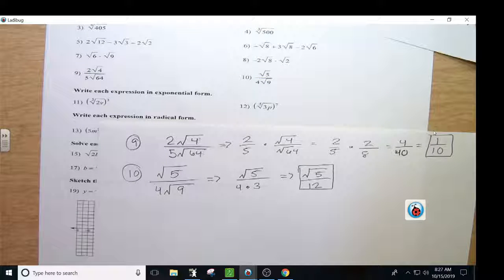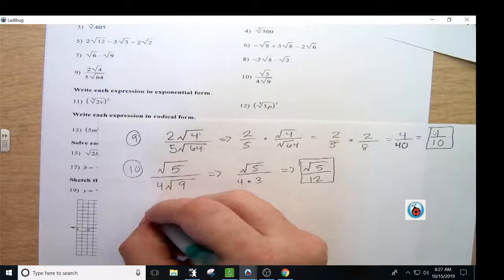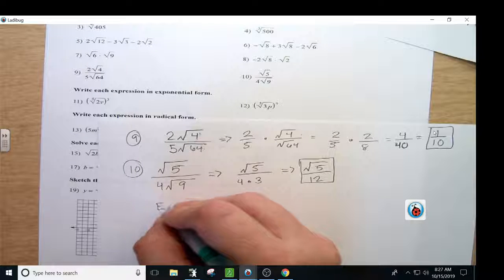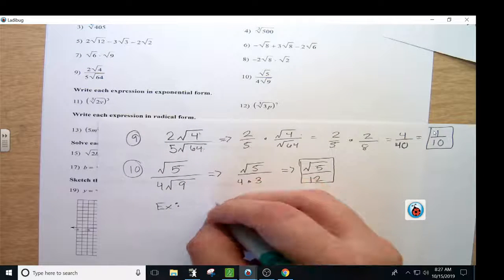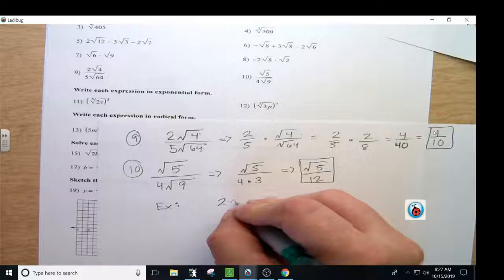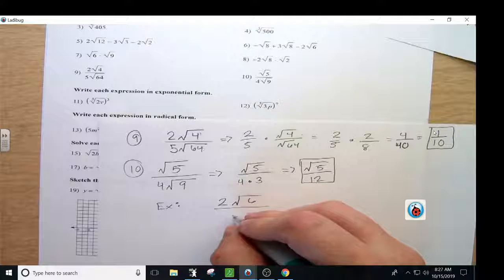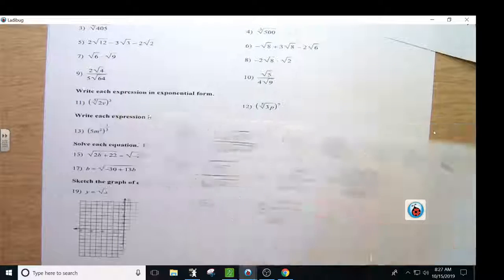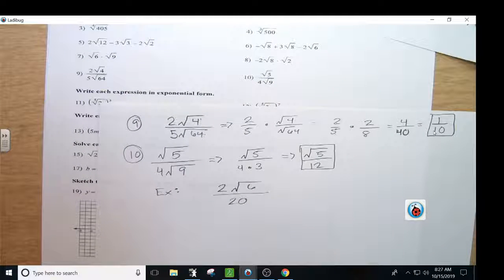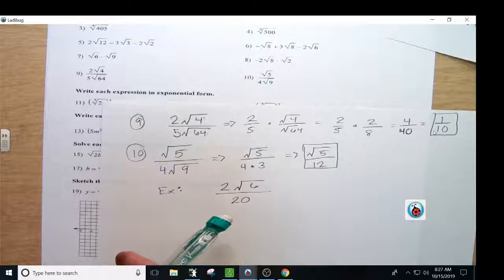Guys, what if you had this? Now, this is an example not on the paper. Say if you got it all the way down and you had 2 square root of 6 over 20. Say you had that right there as an answer. Is that full credit? No, because what needs to be done here?